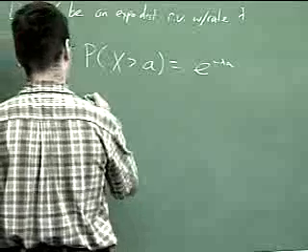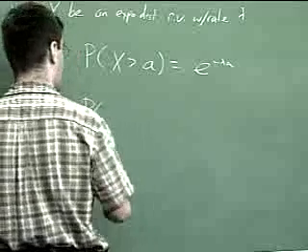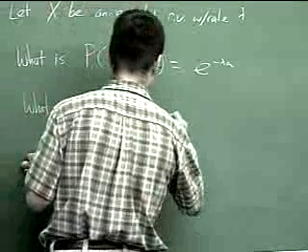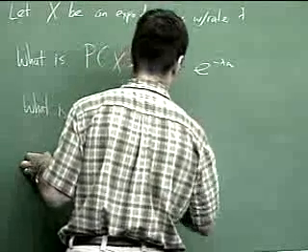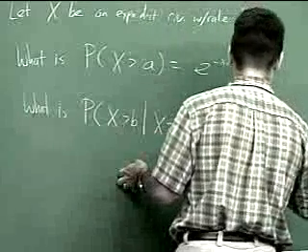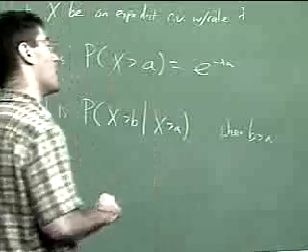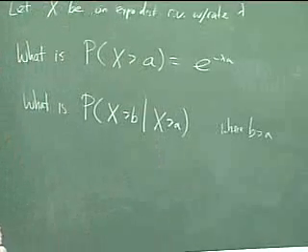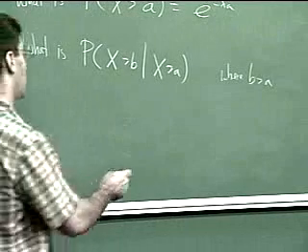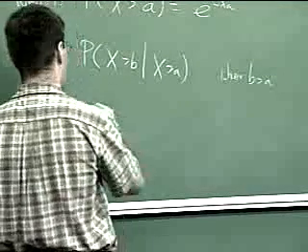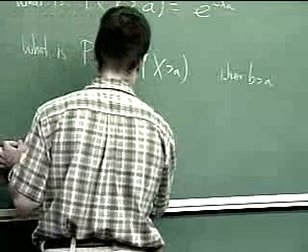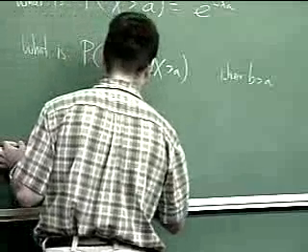So here's what's so neat. What is the probability that X is greater than b given X is greater than a, where b is greater than a? Again, you just plug in. If you compute a conditional probability, it's the probability that X is greater than b and X is greater than a, divided by the probability that X is greater than a.